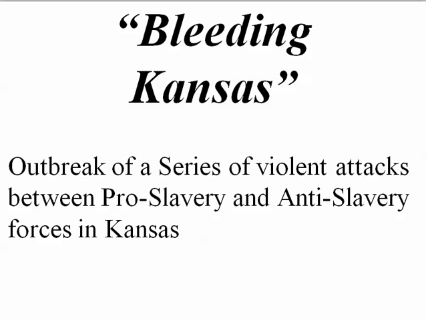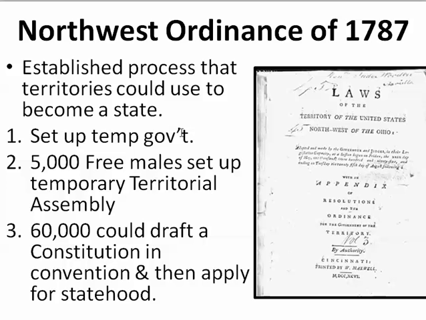If you recall, we talked about before the Northwest Ordinance of 1787. And Kansas, for it to become a state, for it to have a constitution, there has to be a population there.